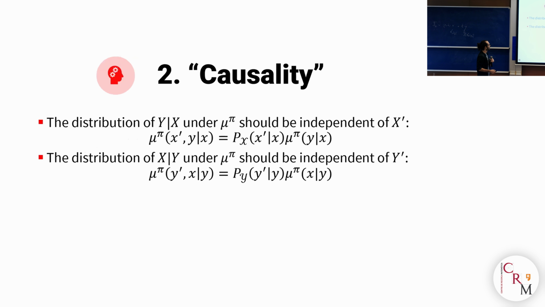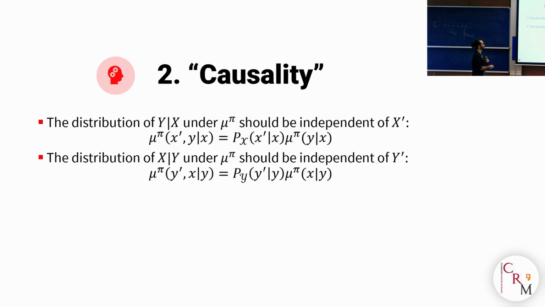Now, something that's more subtle is this causality property, which says the following: under this occupancy mu pi, the following property should hold. If I condition on x, then the distribution of x prime and y should be written as a product distribution.